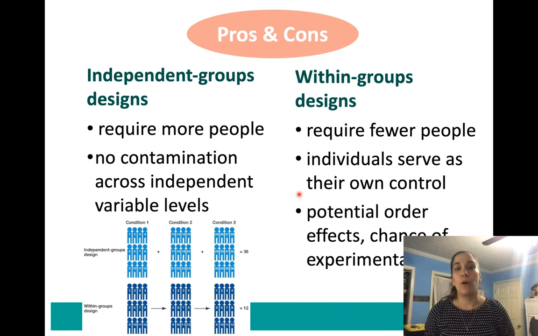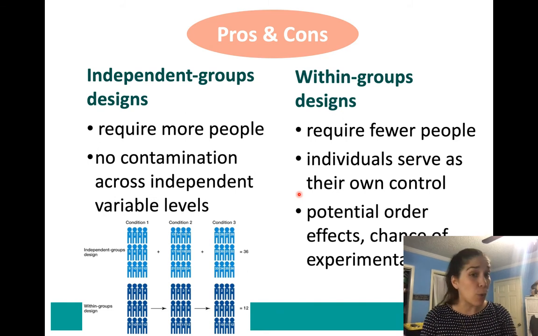So what are the pros and cons for independent groups and within subjects designs? So independent groups requires more people, which is kind of a downside, and you have to have more control variables, but there's no contamination or carryover effects across your levels of the independent variable.